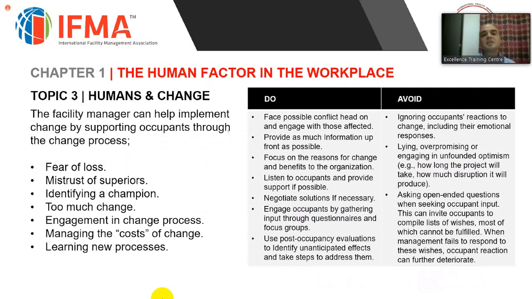A facility manager can help implement change by supporting occupants through the change process. So even let's say you are managing a building, okay, and people were complaining that there are no shaded areas for the parking. Then you say, okay, we will install shades all over.